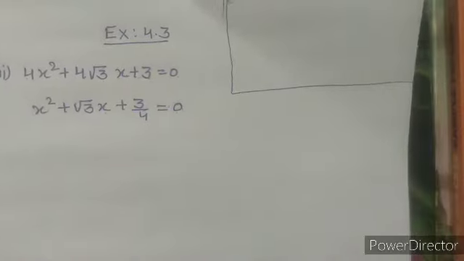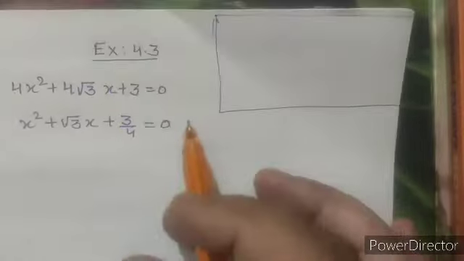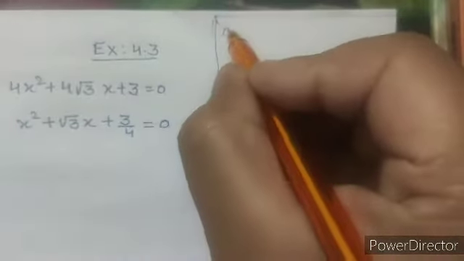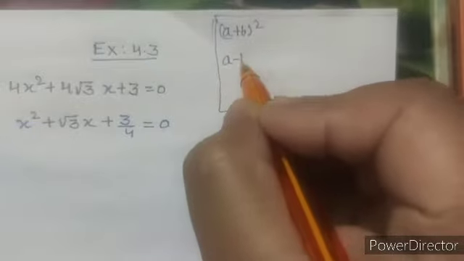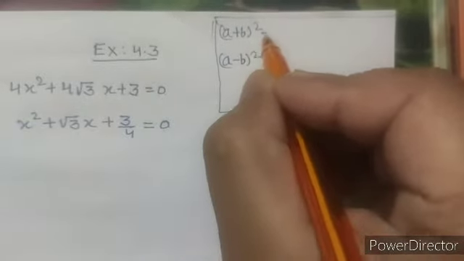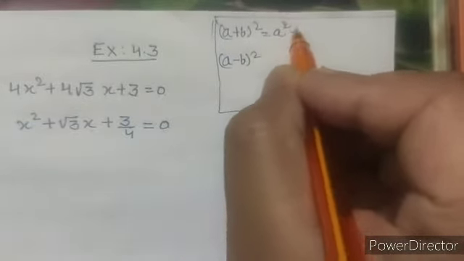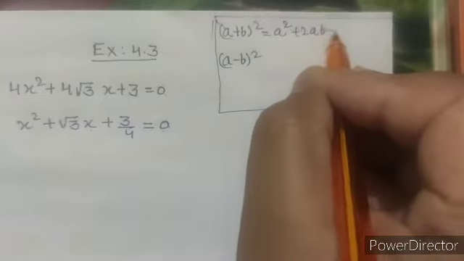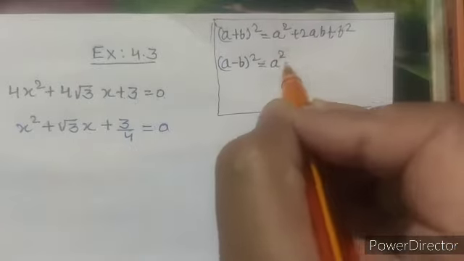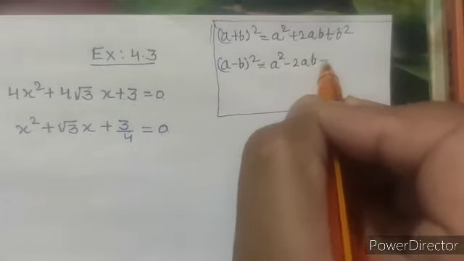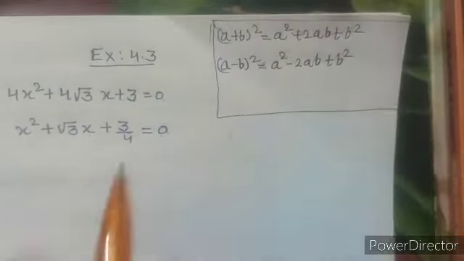Now after this we have to convert this equation in the form of a plus b whole square or a minus b whole square. Now a plus b whole square is equal to a square plus 2ab plus b square, and a minus b whole square is equal to a square minus 2ab plus b square.